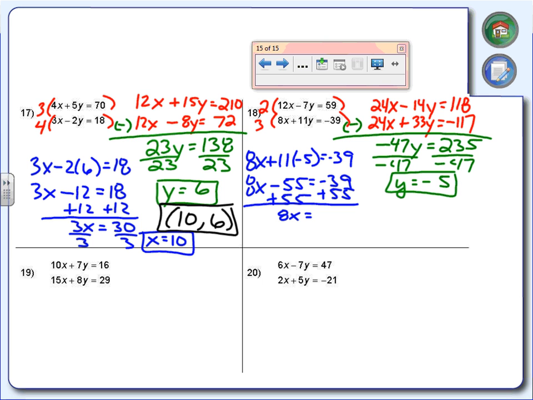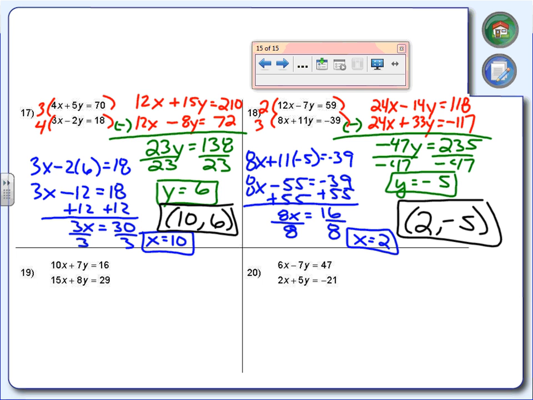Negative 39 plus 55 is 16. We're almost there. Divide that 16 by 8. 16 divided by 8 is a 2. Of course, we're going to write it as an ordered pair, and that ordered pair is going to be 2, negative 5. So our solution in number 18 would be the ordered pair 2, negative 5.